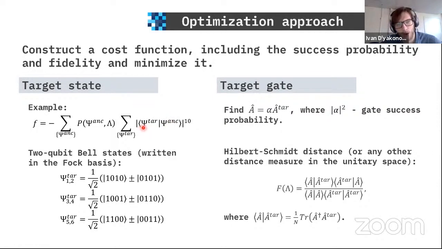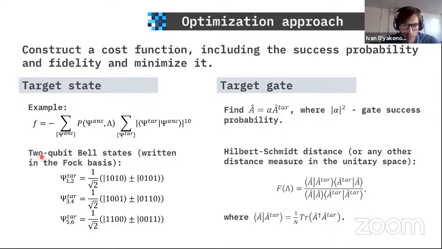So we basically compute the overlap of the output in the computational part of the circuit with some target state we want. And also we compute the probability to find this output state with the corresponding ancillary state, given that we have our circuit denoted by lambda over here.